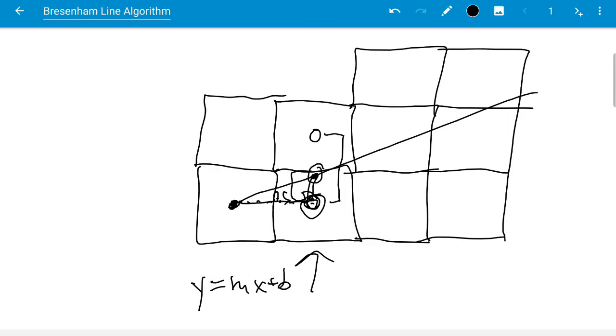We proceed until we get to our destination's x coordinate, so we can keep taking these steps and figuring out if our y value needs to increase or not. And we will keep doing this until we get to our destination x coordinate, wherever our line wanted to end. And that's a loop from x1 to x2.